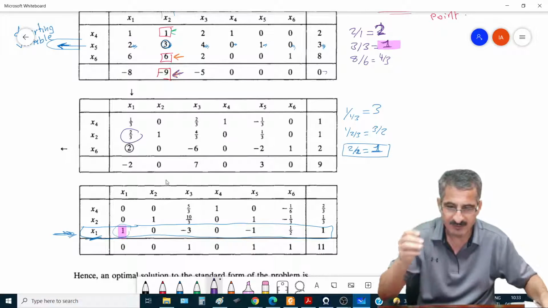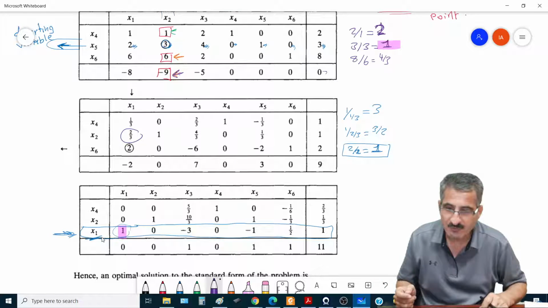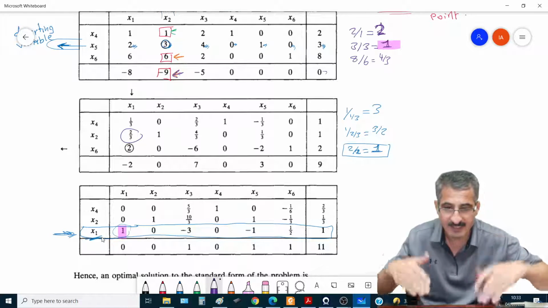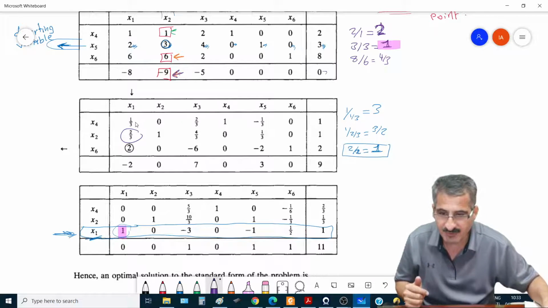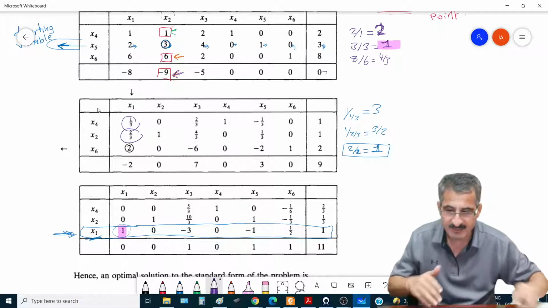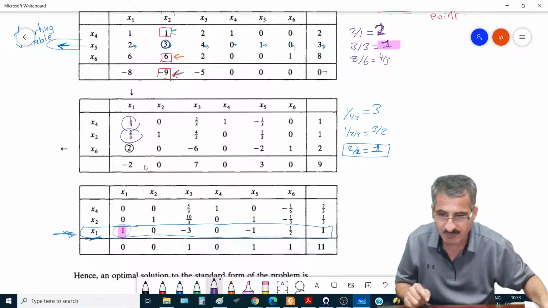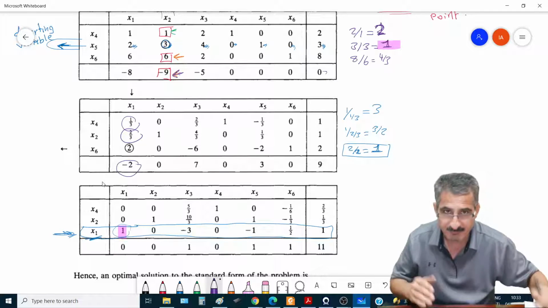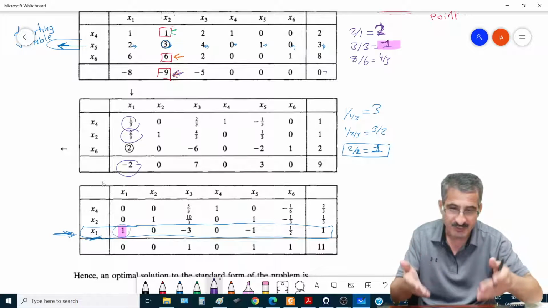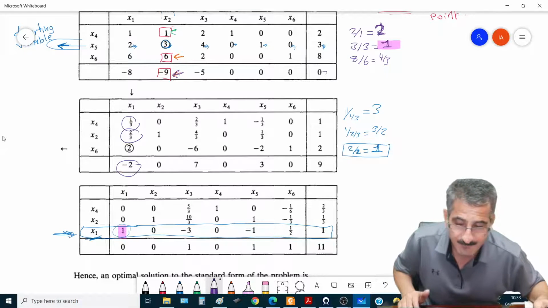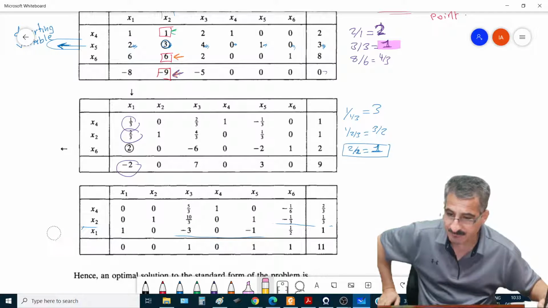So I multiply the row below there by negative 2 over 3 and add it to the row above it, okay? And to make this 0, I multiply by negative 1 over 3 and add it to the first row. To make this 0, I multiply by 2 and add it to the objective row, the last one. Then we get this final table. And we are done.